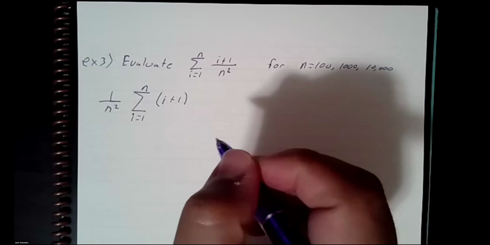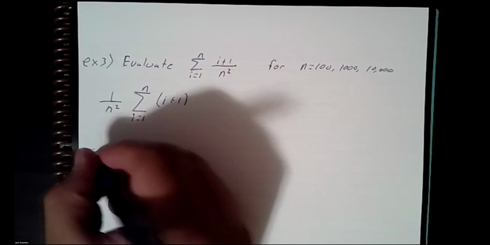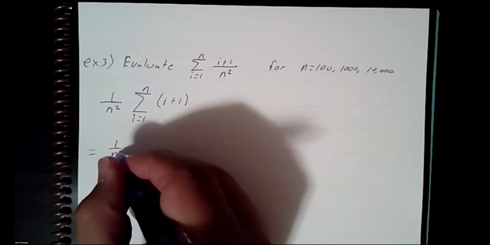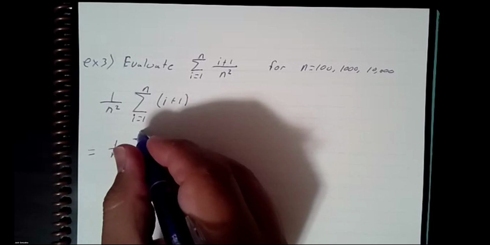You can also separate sums just like you can integrals, because an integral is technically a sum. So all the properties of integrals are technically in the background. I'll put some brackets here.